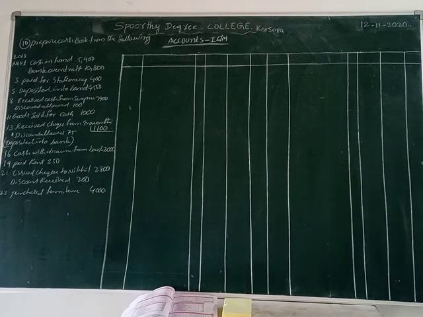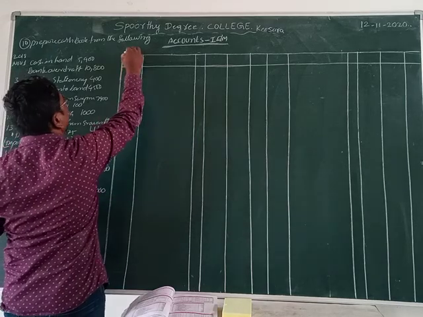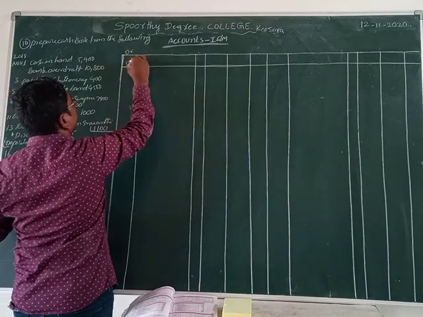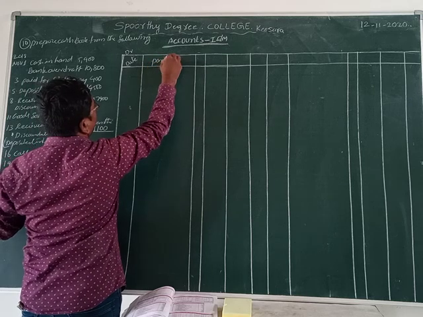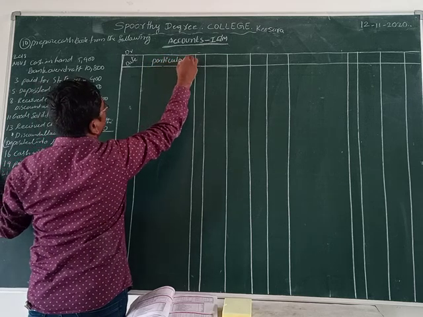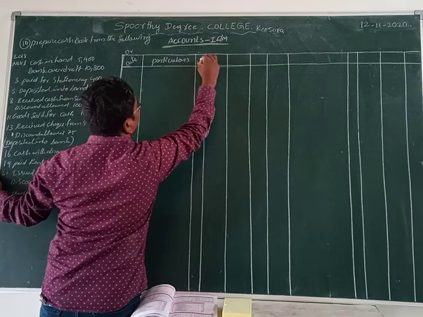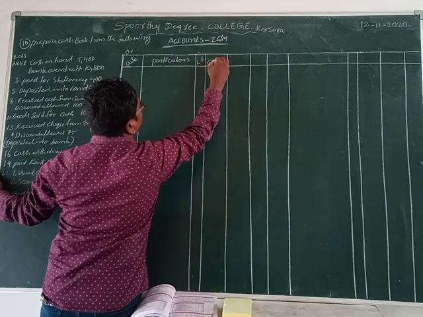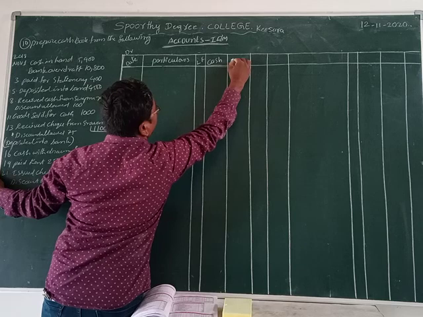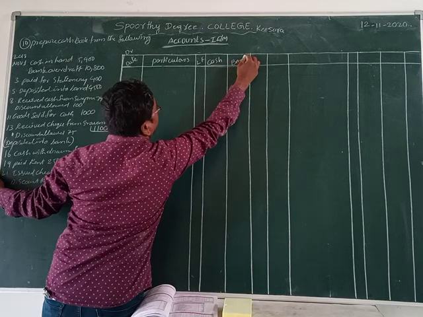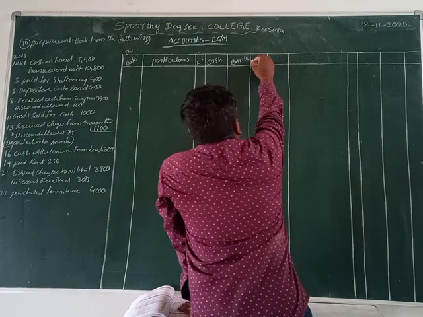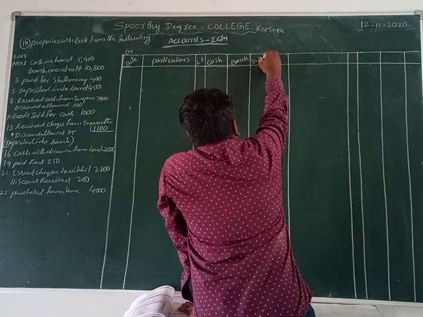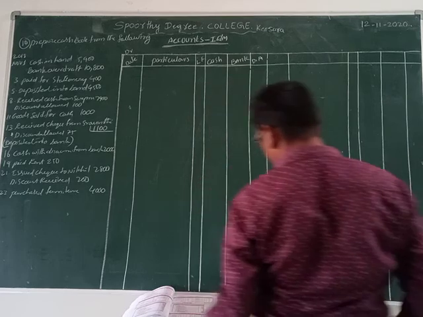So let us write. The first left side is debit: date, particulars, and LF, cash and bank, discount allowed. DA means discount allowed.